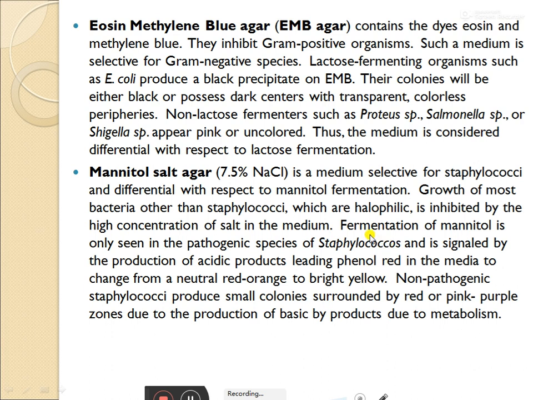If the bacteria is pathogenic, the Staphylococcus pathogenic species has the ability to ferment mannitol and it changes the phenol red color to bright yellow. Whereas non-pathogenic Staphylococci produce small colonies surrounded by red or pink color due to production of basic byproducts due to metabolism.